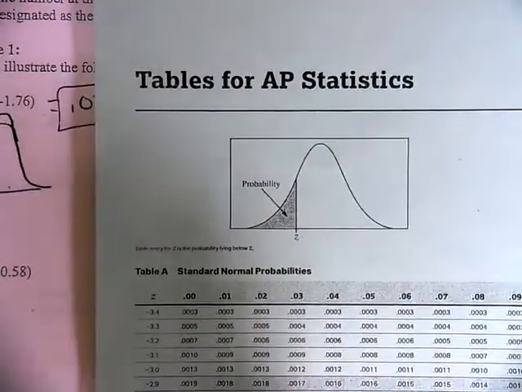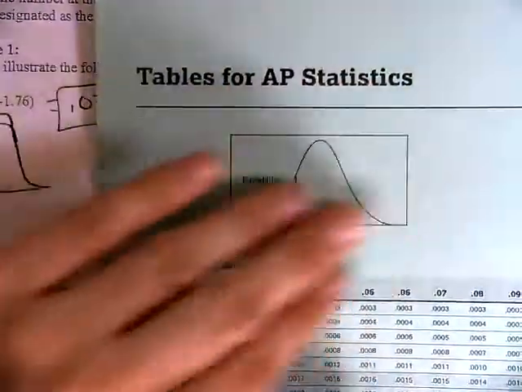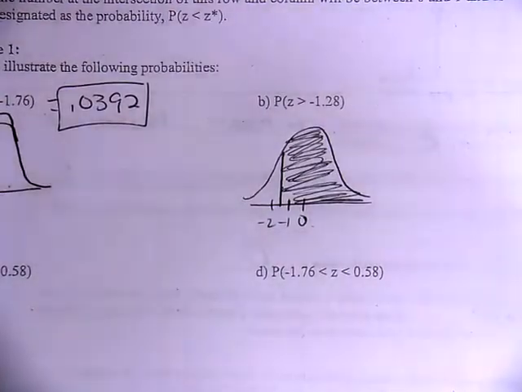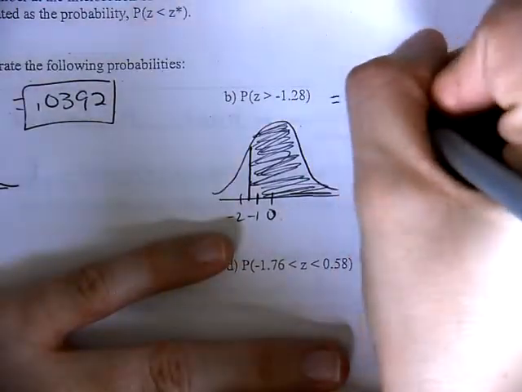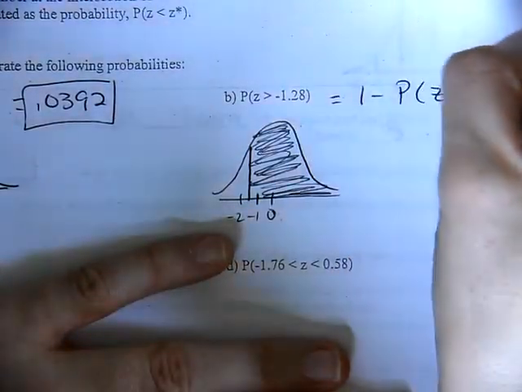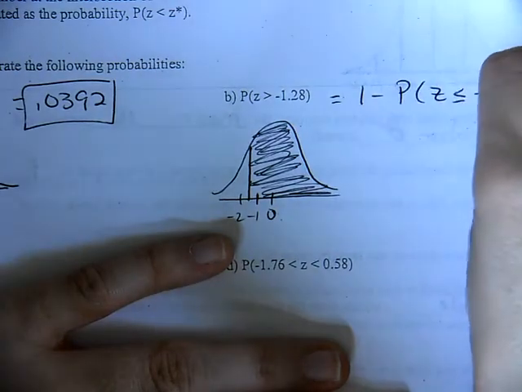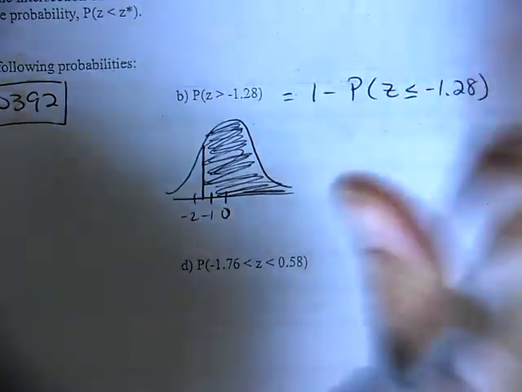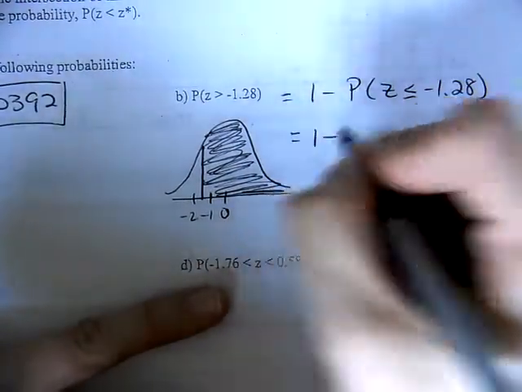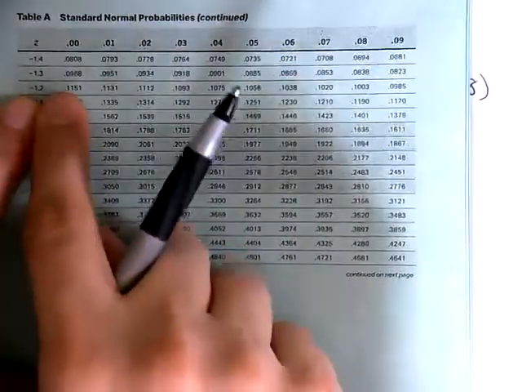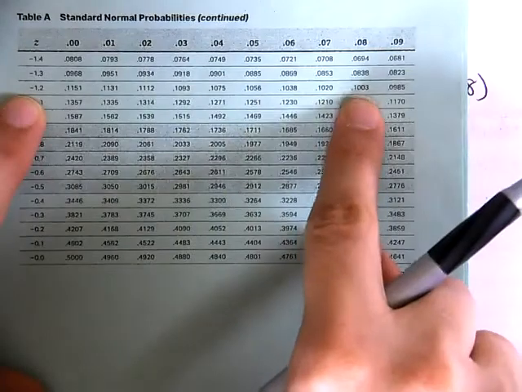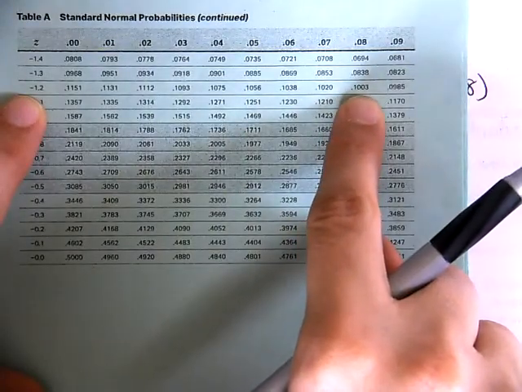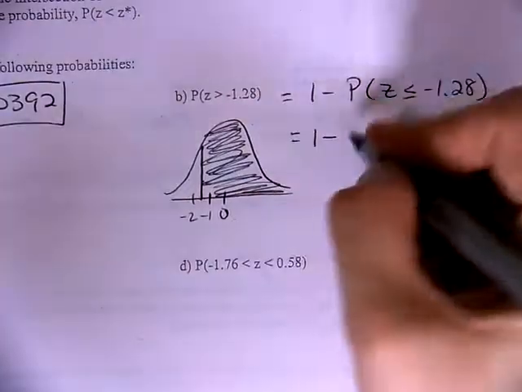So if you're going to do a greater than, you have to do 1 minus, because you know the whole table adds up to 1. So I'm really going to do 1 minus the probability z is less than or equal to negative 1.28. And remember, with continuous, less than or equal to is the same thing. So I'm going to go to negative 1.2, just over here, and then go to 0.08, and I get my probability of 0.1003.